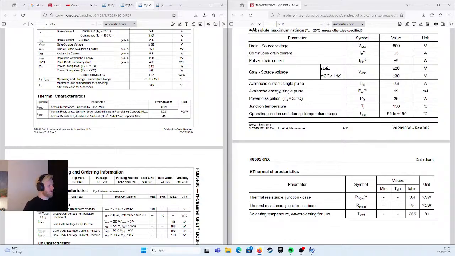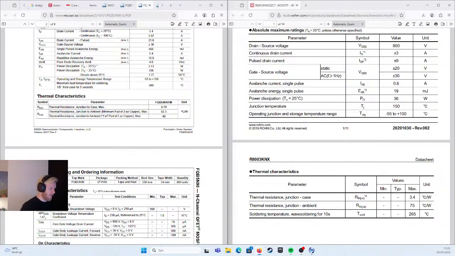So power MOSFET maximum ratings. Power dissipation. Power dissipation is the maximum power that the MOSFET can dissipate continuously under the specified thermal conditions. The allowed power dissipation varies with the conditions under which the MOSFET is used, such as ambient temperature and heat dissipation conditions.